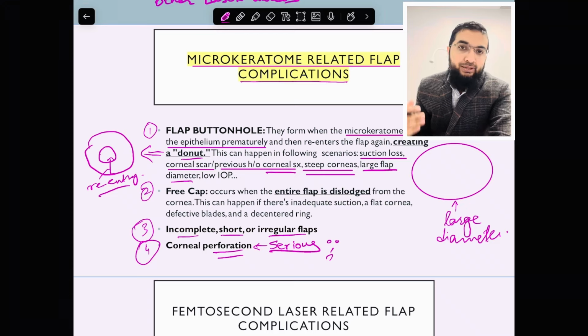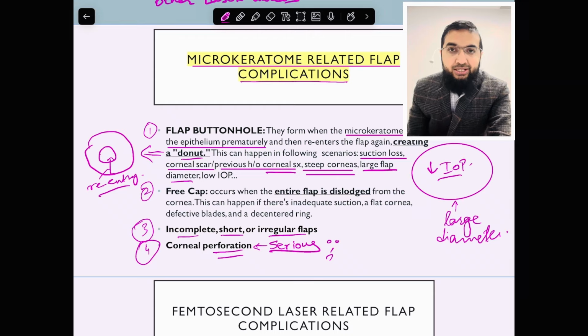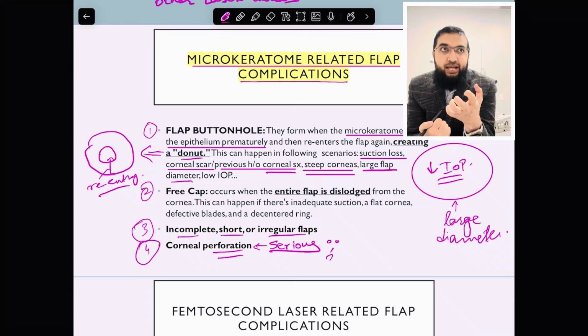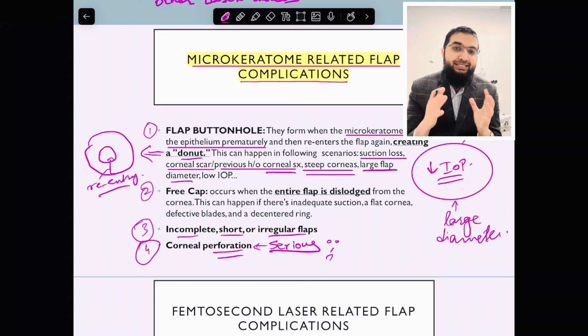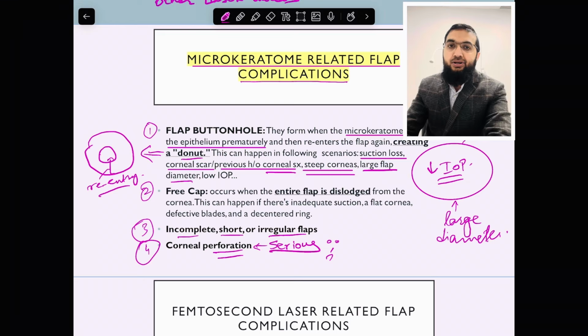And let's say if the pressure drops during the surgery, or the patient has a low intraocular pressure, then that can also lead to this scenario, forming a donut hole thing called flap buttonhole. We don't want that, because it's a complication that can cause troubles to the patient after the surgery.